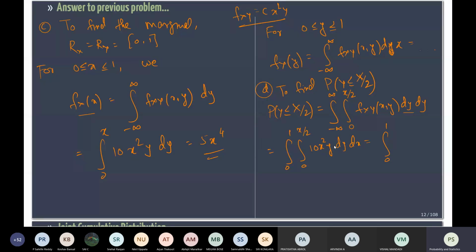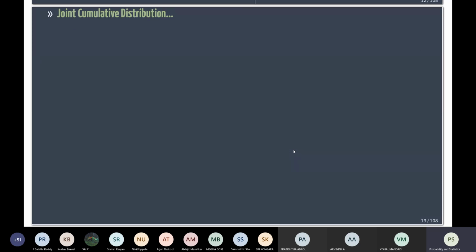So whatever be the case, you integrate this out and then you will get the result. This will be some number eventually. So first you integrate with respect to y and then with respect to x. You are familiar with this by now.